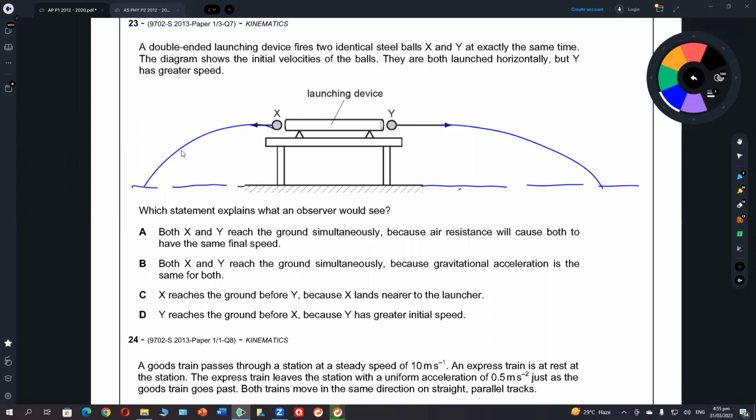I have hypothetically extended the graph. Both X and Y reach the ground simultaneously because air resistance will cause both to have the same final speed.